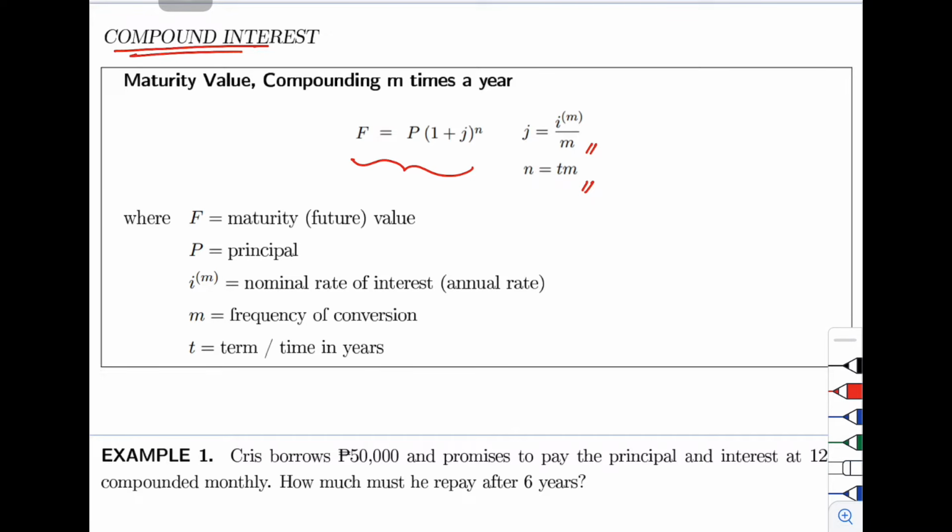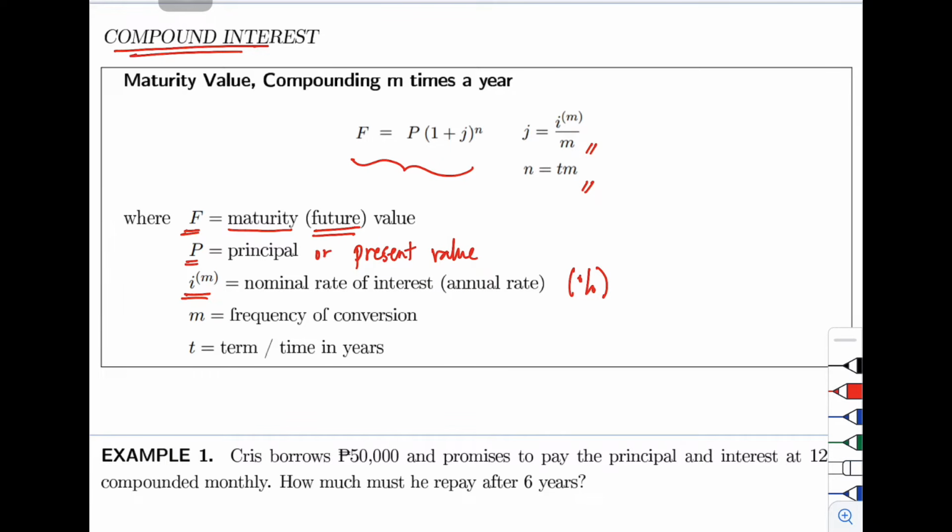Okay, kung saan yung F is our maturity value or the future value, yung P naman is our principal or the present value. Okay? Then, yung ating I naman, that is our nominal rate of interest. Ito yung annual rate. Usually, makikita mo yan naka-percent.